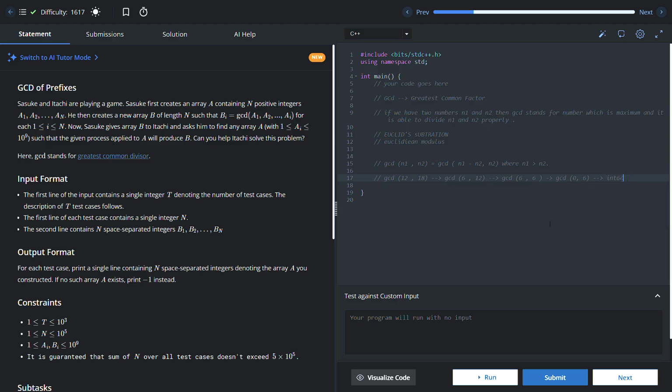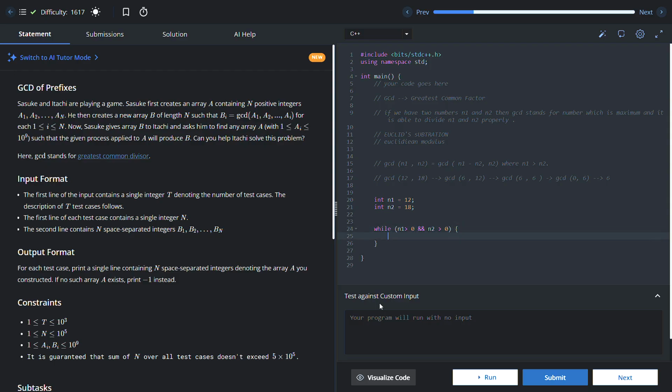I can also write one dummy code for you guys. For example, we have int n1, that is 12, and int n2, that is 18. Now we have to iterate until any one number becomes 0, either n1 will be 0 or n2 will be 0, then we get out of the loop.